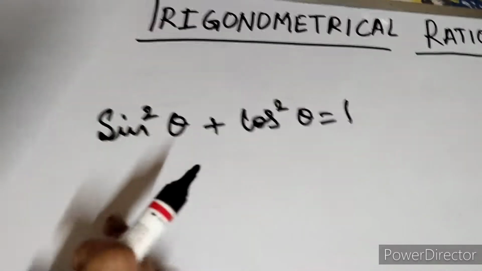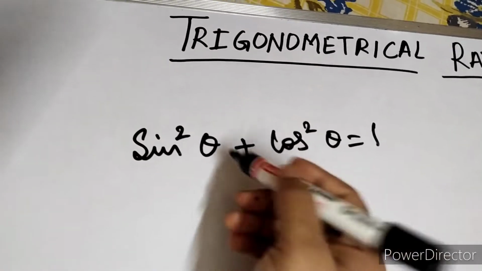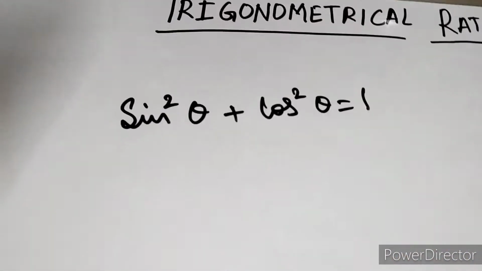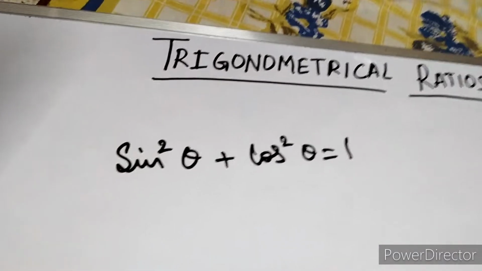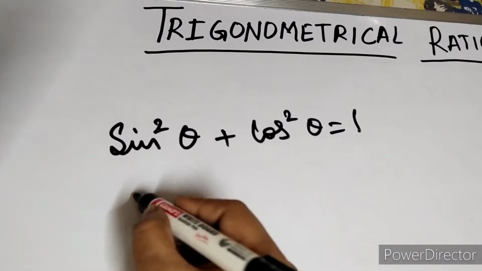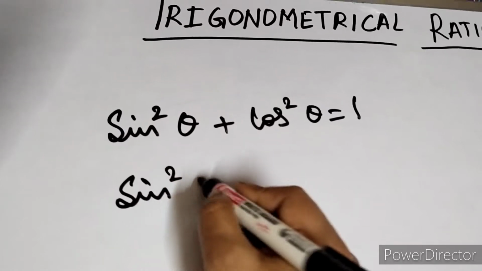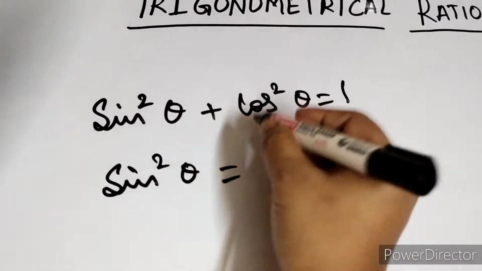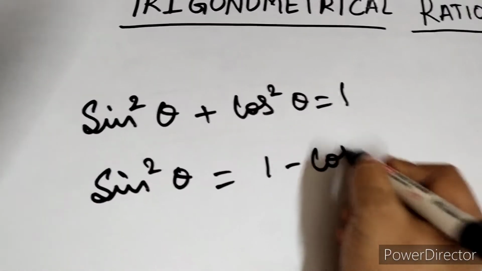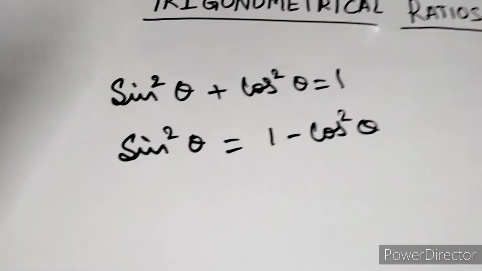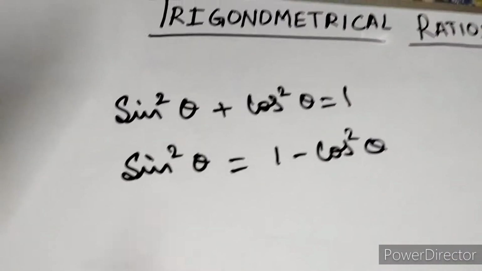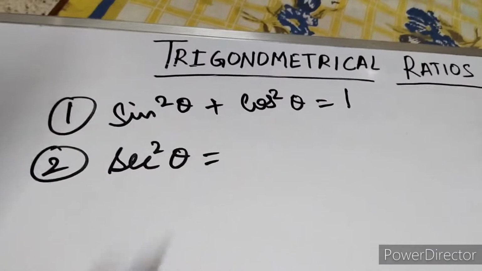This is an identity. Whatever the angle value theta is, it's always 1. So you can also write it like this. If somewhere you have to take out sin square theta, take cos square theta, 1 minus cos square theta. Use it in this way, okay?